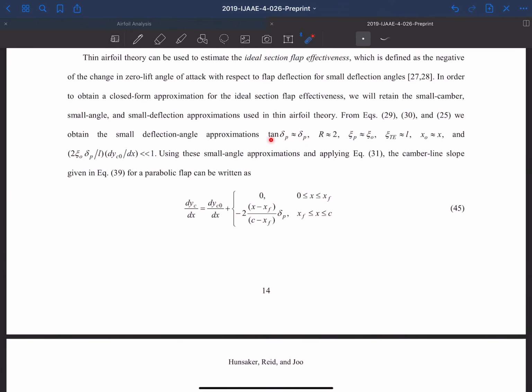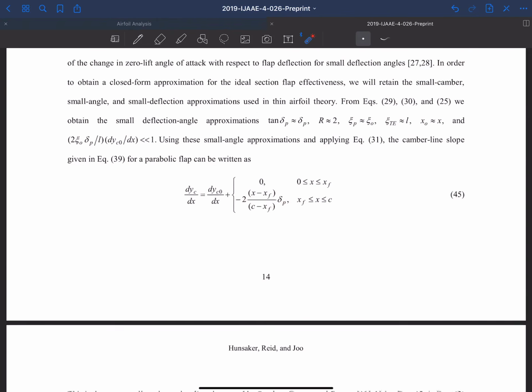We're going to use small angle approximations, or small deflection angle approximations. When we do that, our camber line equation simplifies to this expression for the parabolic flap, which is directly proportional to our flap deflection.